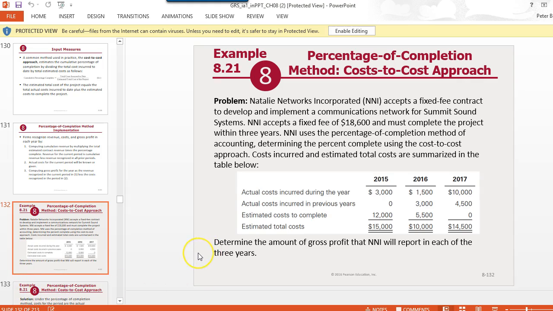Estimated total costs are added up: $3,000 plus $12,000, $1,500 plus $3,000 plus $5,500, and so on. So, to calculate the percentage of completion, we're going to take total costs completed cumulatively and divide that over the estimated total cost.